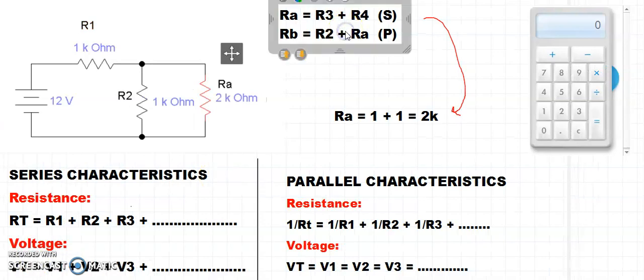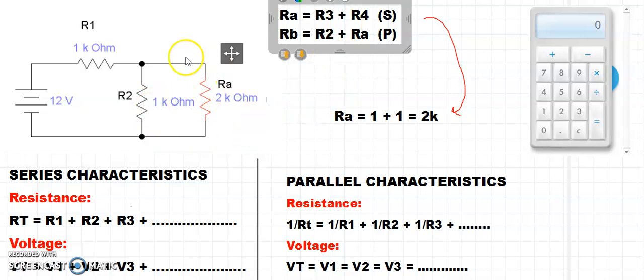R3 plus R4 solved in series gives you 1 plus 1 equals 2K, so RA is equal to 2K, and this is the new equivalent diagram showing R1, R2 and RA, which is the combination of R3 and R4.